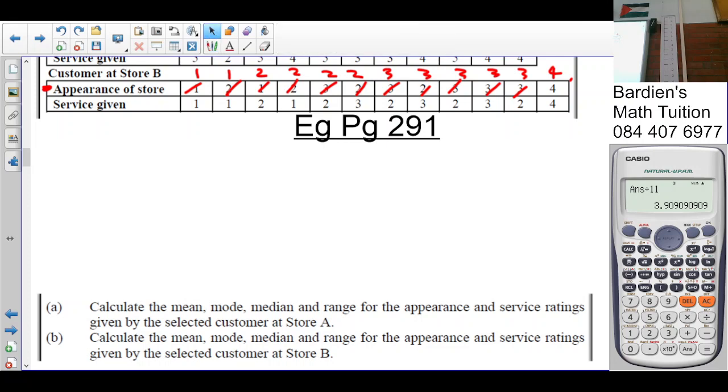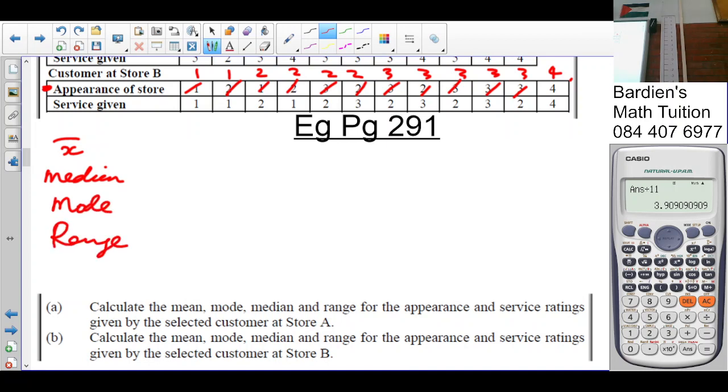So let's go with appearance. The mean, median, mode, range. When you add these numbers up, I get 2, 2, 4, 6, 8, so it's 10, 12, 15, so it's 25, 29.